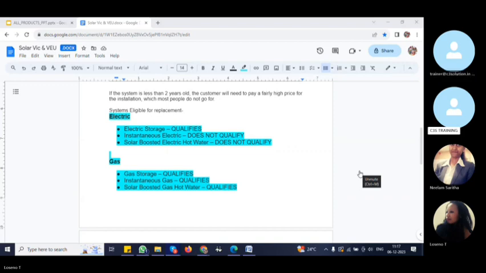Yes, first we have to ask whether you have boosters or something like that. If they say that they have a solar boosted electric hot water system, then that does not qualify to get the heat pump, ma'am. I'm not getting you clearly. I'm using a standalone solar hot water system. Am I eligible for that?